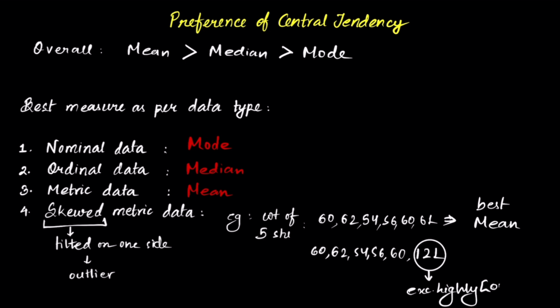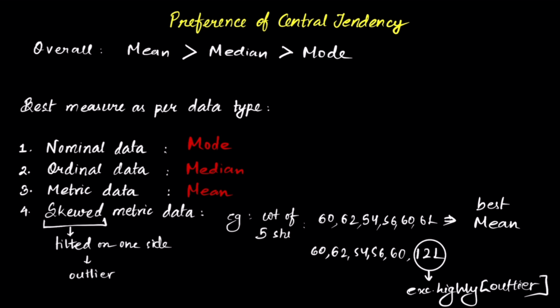This weight right here is the outlier in the given data. And if you calculate mean in this particular condition, the mean will be highly shifted towards the extremes or towards the outlier. So the mean will not be the best central tendency to calculate. It is not appropriate to calculate.